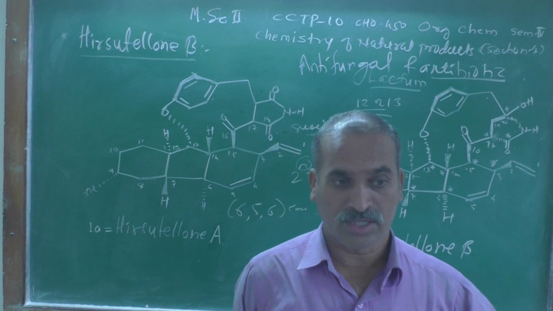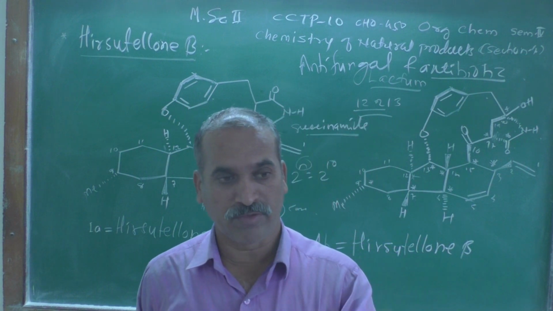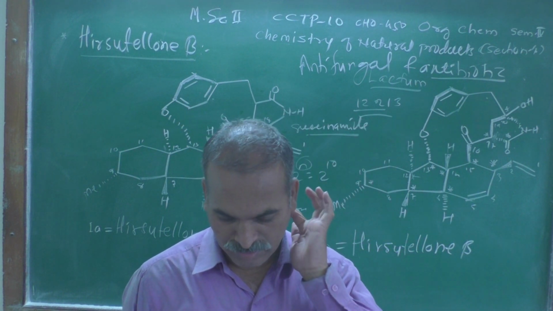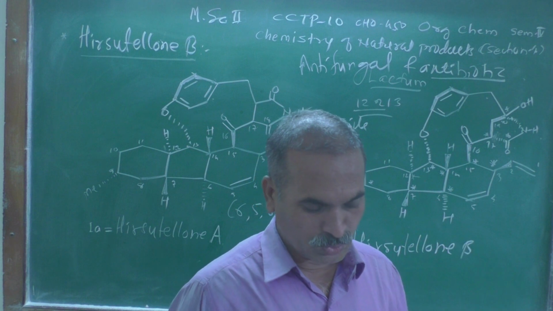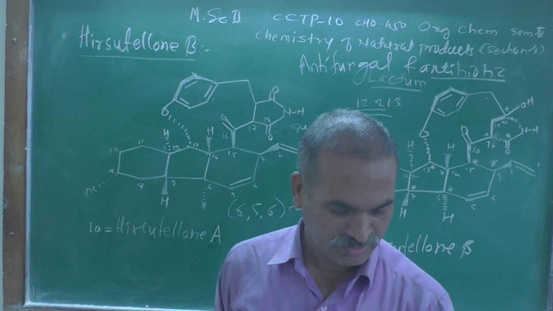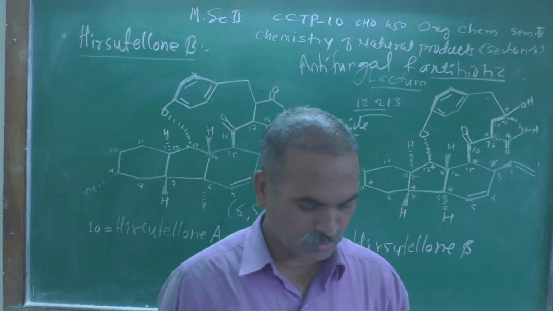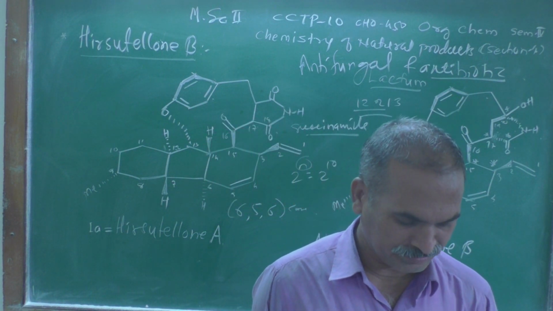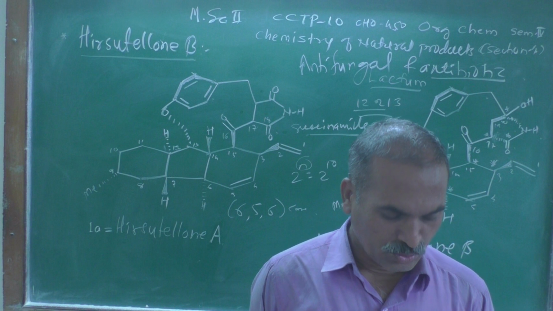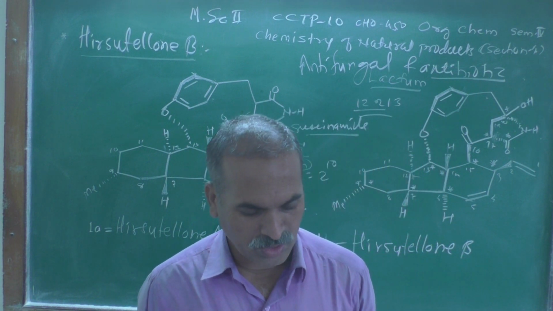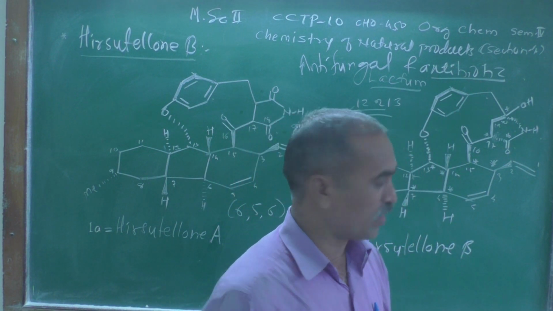The reason to motivate young minds to do this type of research is that they should get attracted toward this type of compound, whose biological properties include antifungal and antibiotic activities.